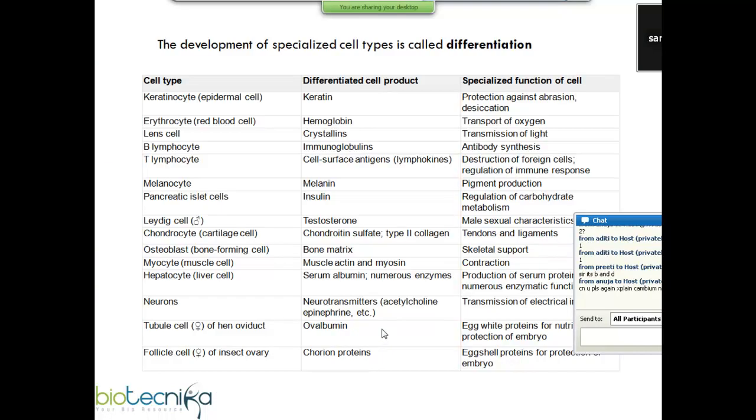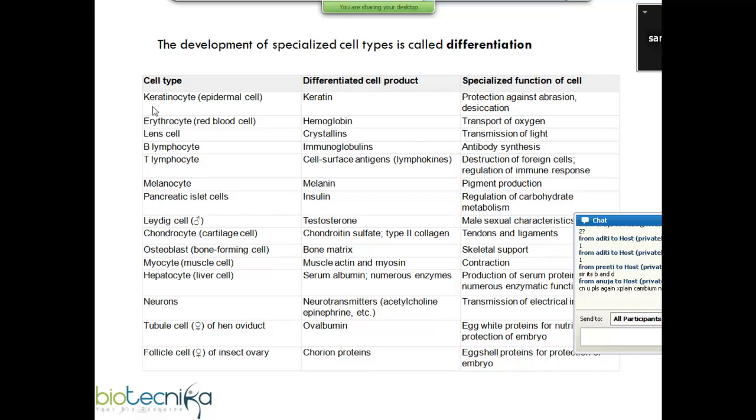So this is called your specialized cells, how they are differentiated. Keratinocytes will produce keratin, whose function is protection against abrasion and desiccation. And then melanocytes produce melanin, a pigment which is very good against UV rays. Pancreatic islet cells produce insulin, which is involved in carbohydrate metabolism.